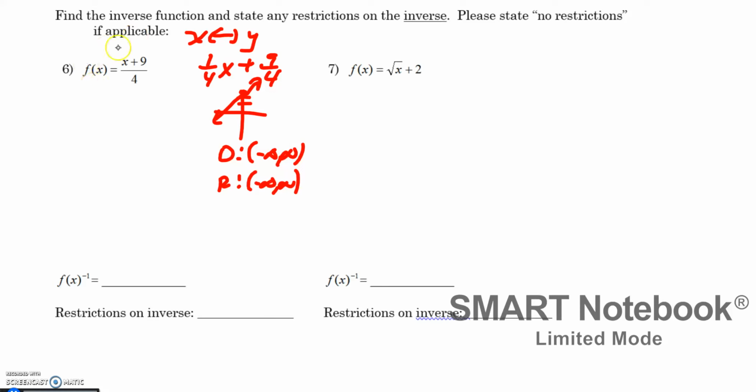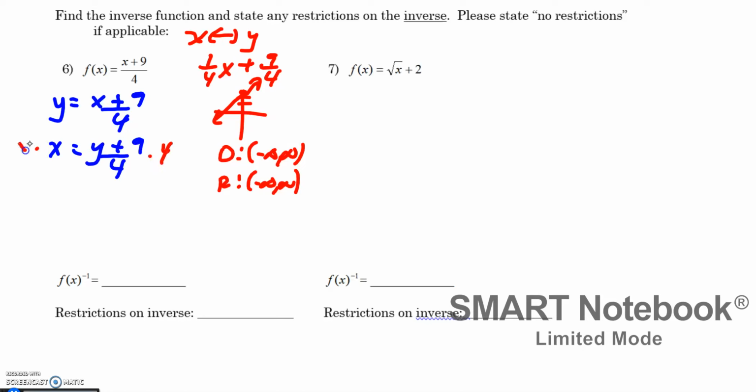If I would actually like to find my inverse though, the first thing I would do is replace f of x with y. The next thing I would do is switch x and y, and then resolve for y.